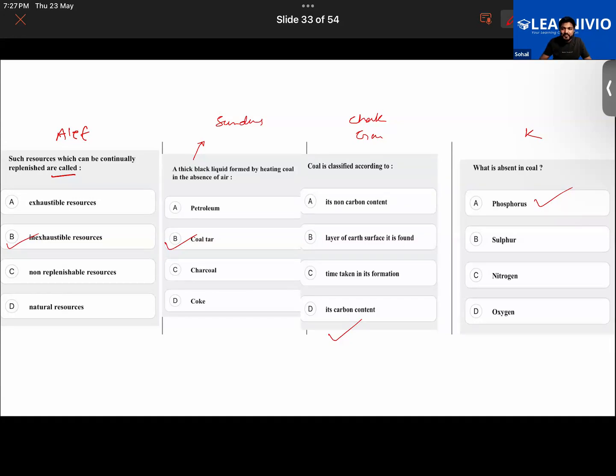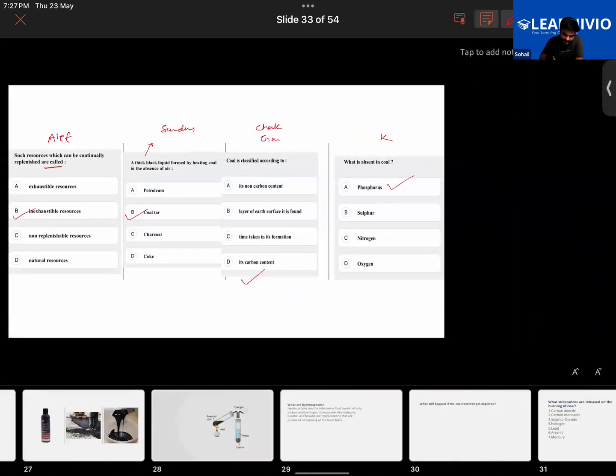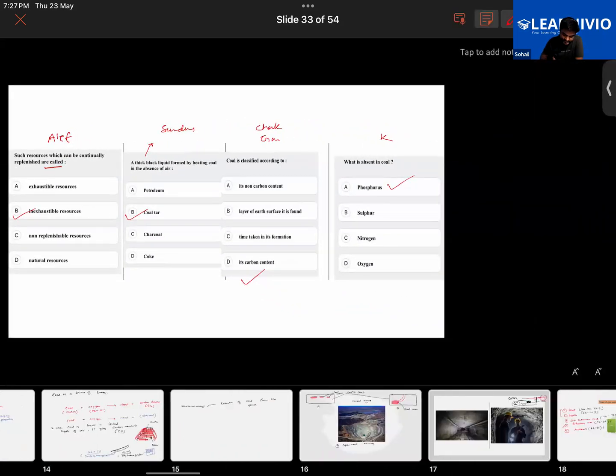The finest quality of coal found in nature is anthracite. Sir, is it like bituminous coal, carbonization? No, carbonization is a different thing. You have peat, lignite, bituminous, and then anthracite. Have a look at this image where we discussed this.